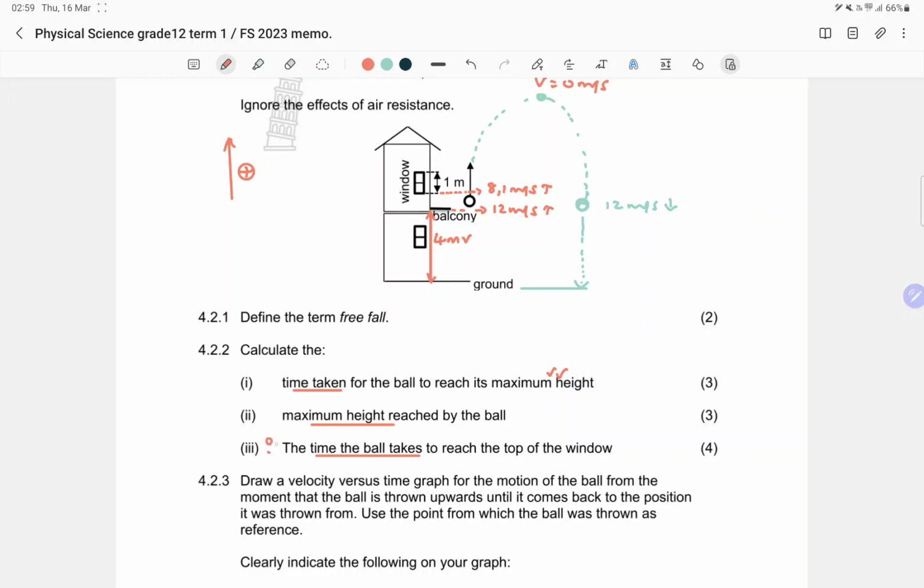This question is a little bit vague for me, because when it says the time it takes, I will think of this portion too. I don't know if I should forget that portion, because that portion is important, so that I can calculate the time it takes from this ball to be launched until it reaches the top of that window.